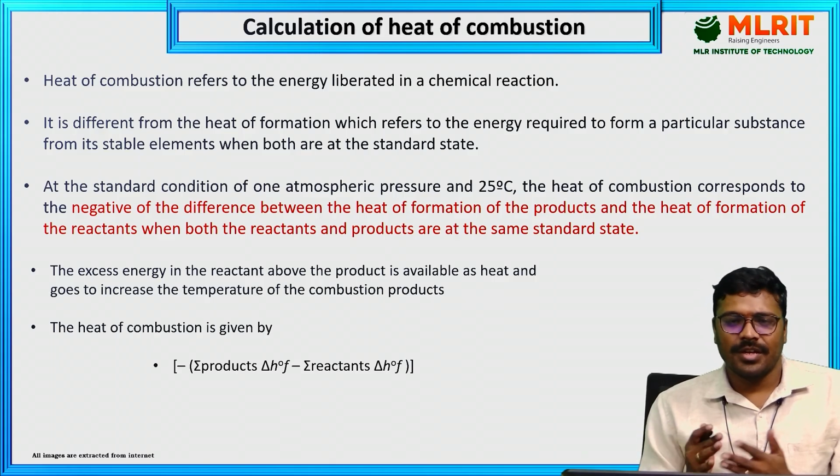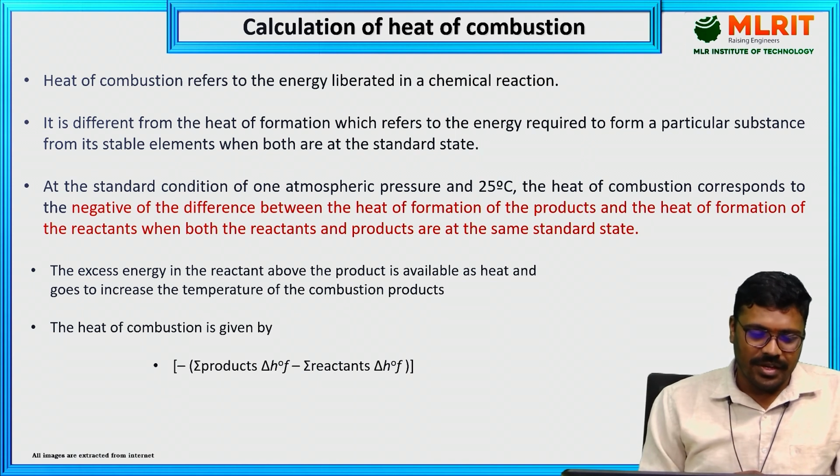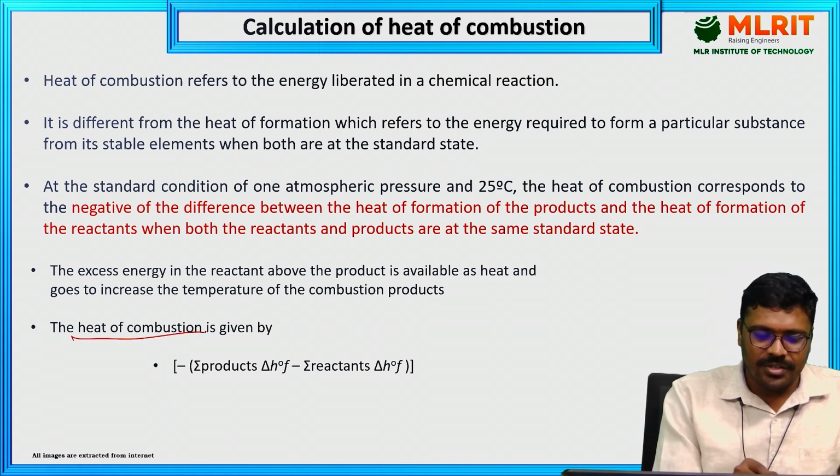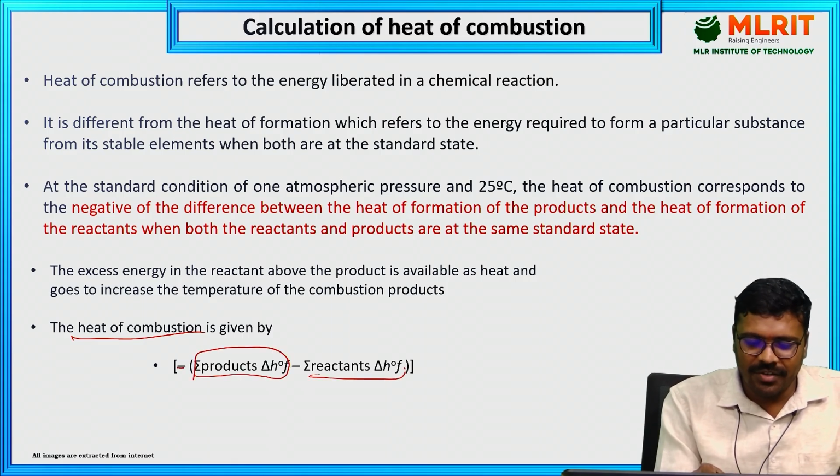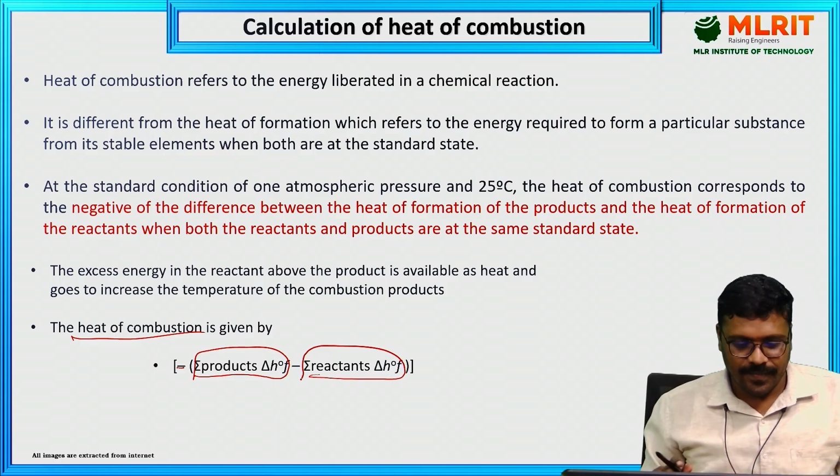That can be easily calculated with the help of this equation for the heat of combustion: the negative of the sum of the heat of formation of the products and the sum of the heat of formation of the reactants.